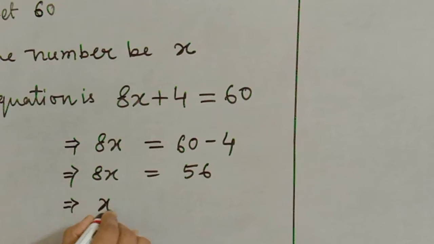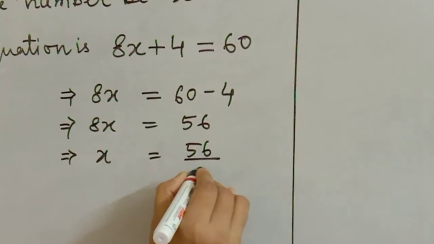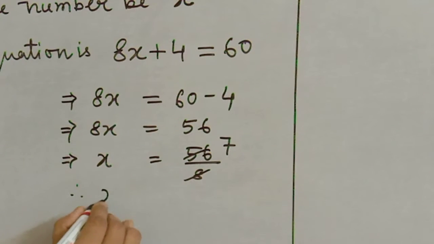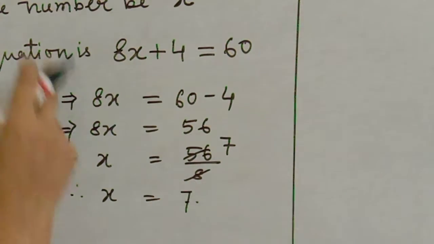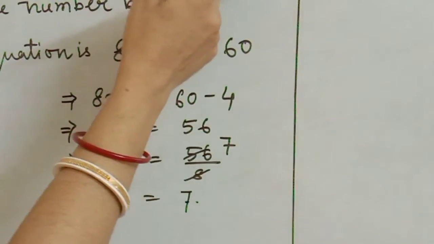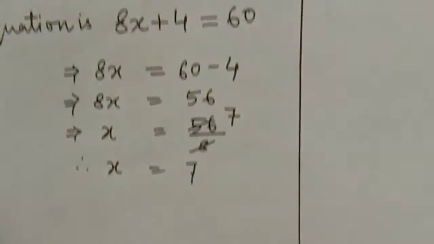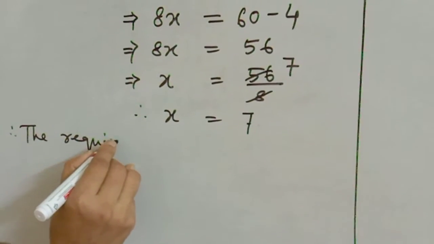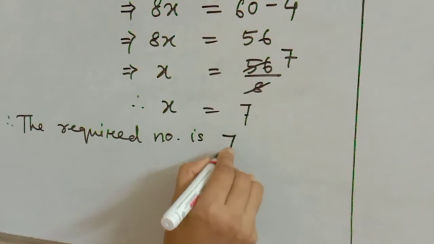Therefore, x is equal to 56 by 8, since 8 was multiplied here, so 8 will go down. x is equal to 7. Therefore, the required number is 7.